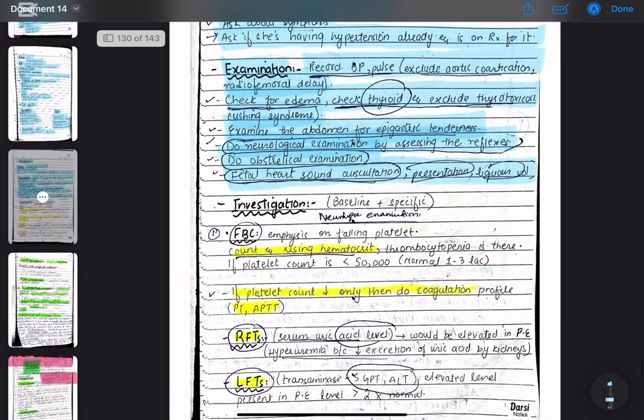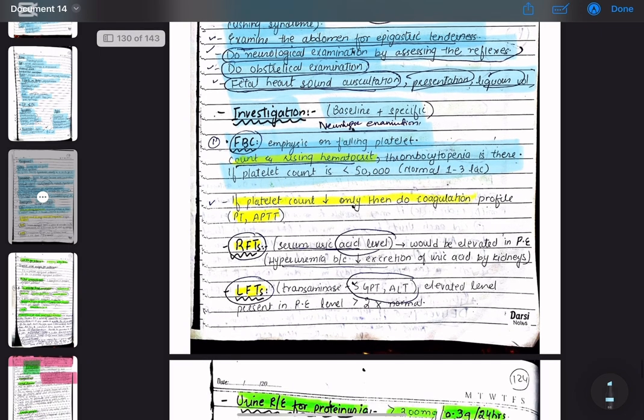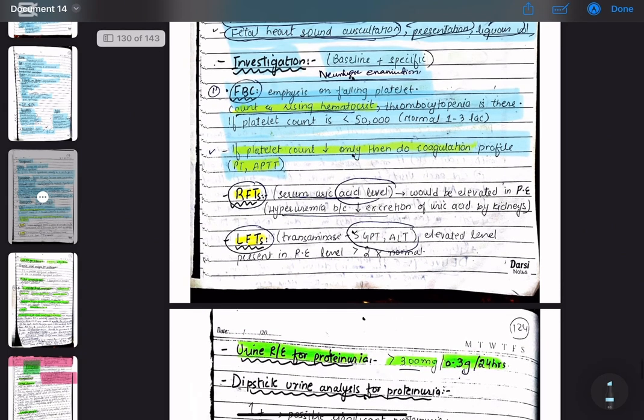The specific investigations done for pre-eclampsia are baseline plus specific. FBC is done, which emphasizes falling platelet count and rising hematocrit. Thrombocytopenia is there. Normal platelet count is 1 to 3 lakh. If platelet count is decreased, then do a coagulation profile, that is PT and APTT. RFTs are done, that is serum uric acid level would be elevated in PE, hyperuricemia, because of decreased excretion of uric acid by the kidneys.